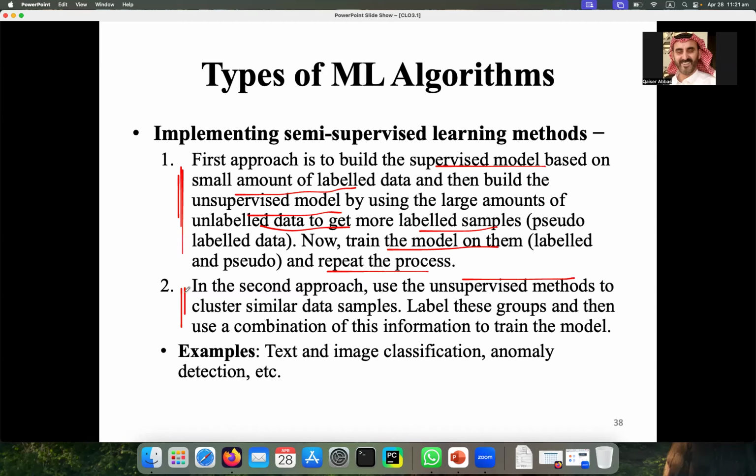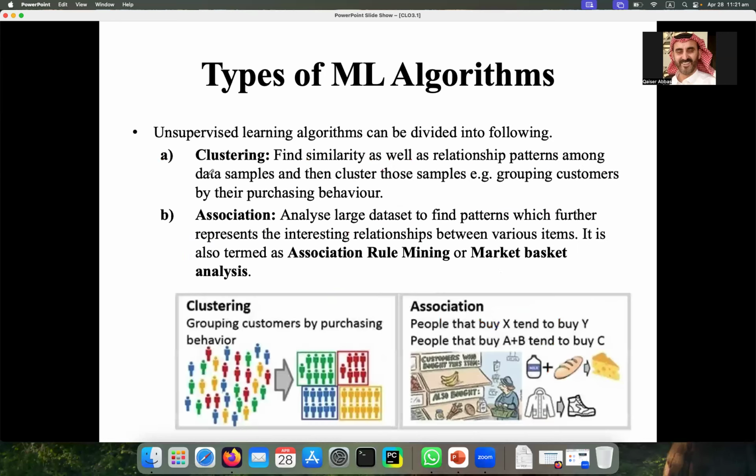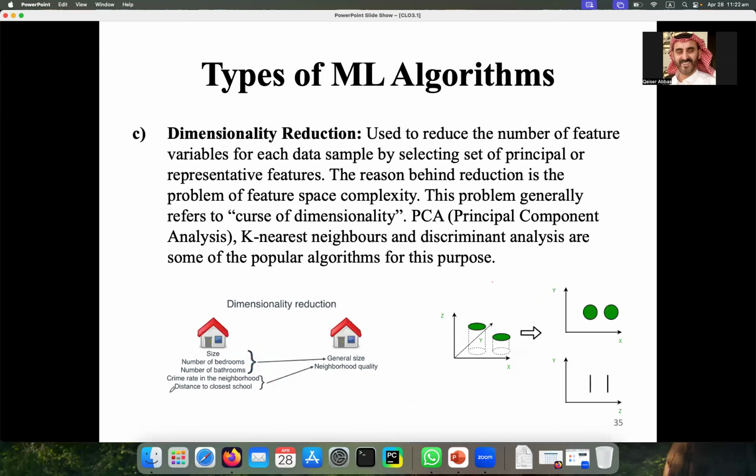In the second approach, our data is initially unlabeled, so we use unsupervised methods to cluster similar data samples. If you go back to unsupervised learning, the first category was clustering, and this was the image that gave you that concept.